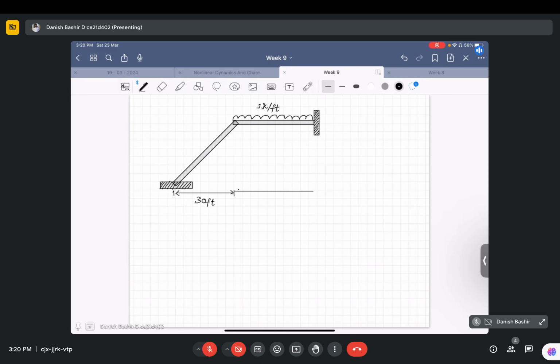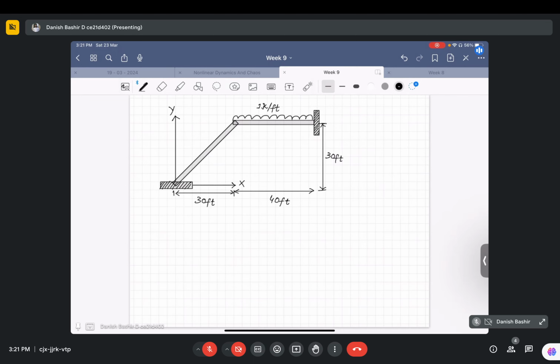Up to this point, this is 40 feet, and its height is again 30 feet. 30 feet, okay. So global X is this, global Y is this. Okay, we have to analyze it.